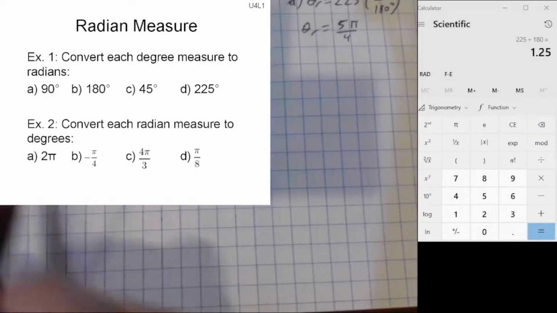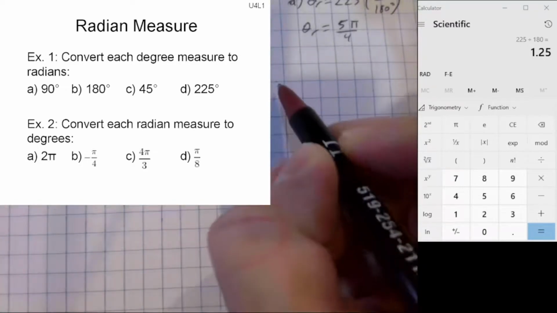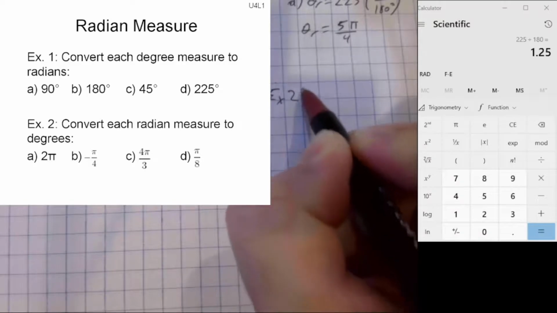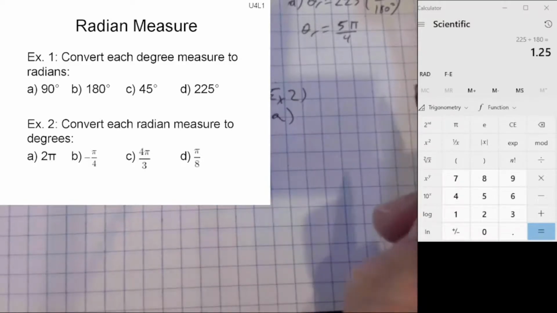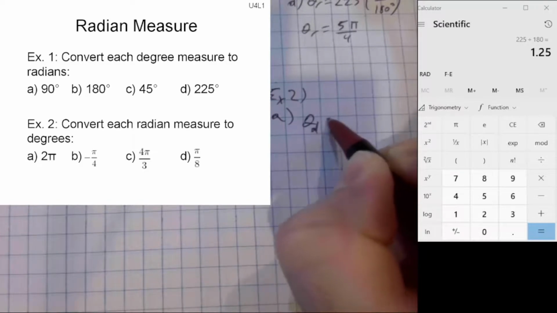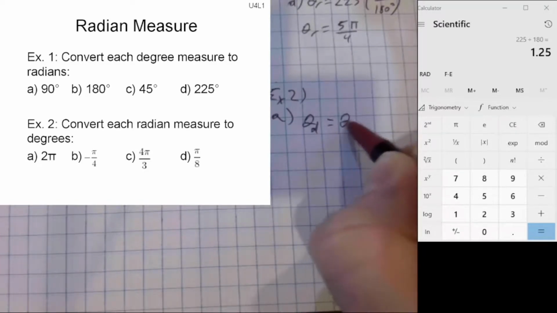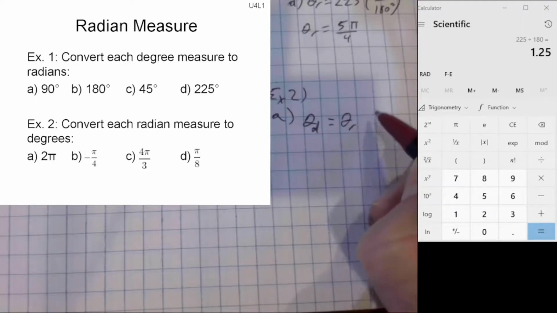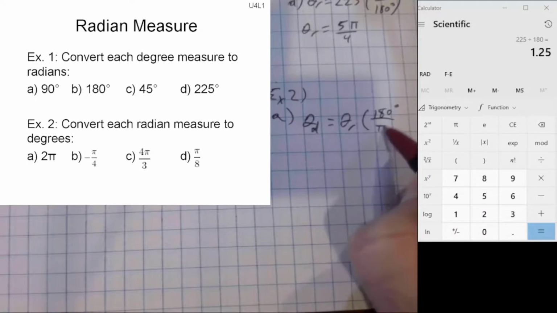To convert from radians to degrees, these are the example 2 questions. It's a very similar formula and similar process. We substitute in our theta r here, and we multiply it this time by 180 degrees over pi.